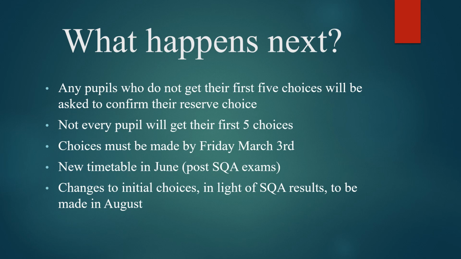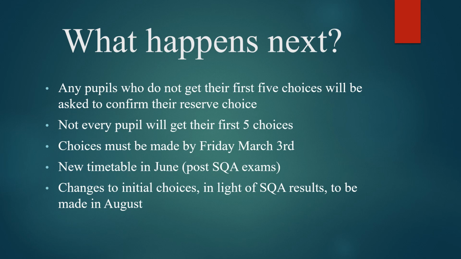So what happens next after all our senior phase pupils have made their choices? Well, the options software will collate all the information and then work out the 5 columns in S5 and S6 that suit most of the pupils in terms of the choices that they have made.